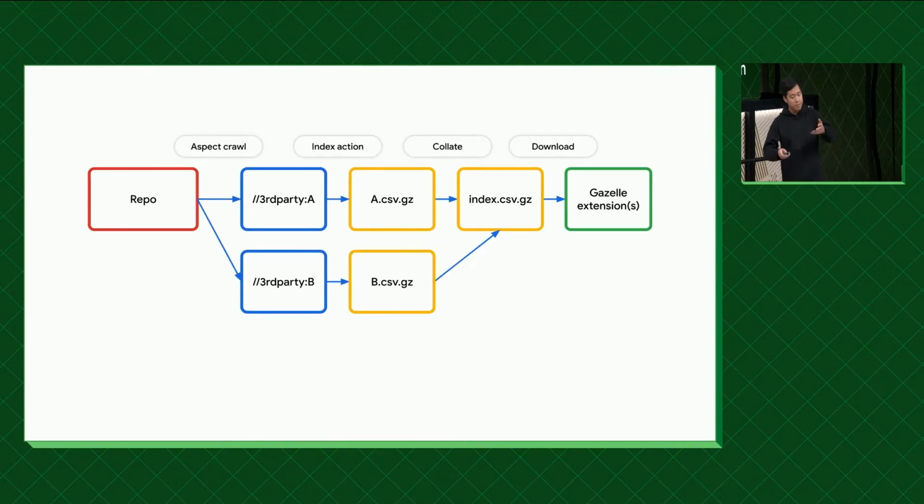Then the diagram will show a simplified version of this pipeline, but then we collate the results together and mash together a big index, a lookup table that we can then sideload into our Gazelle extension. As we mentioned, Gazelle extensions are very hackable. They're built with Bazel. You can insert libraries that have an execution order, but it allows us to do whatever we want. We can attach metrics. We can load files, and that's the approach we took with indexes.